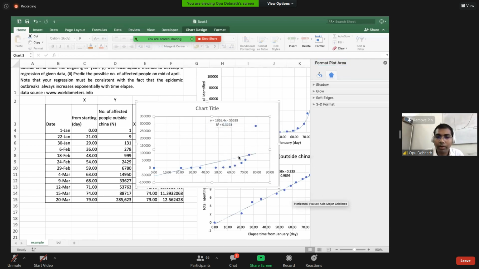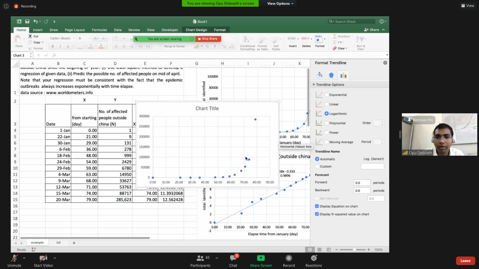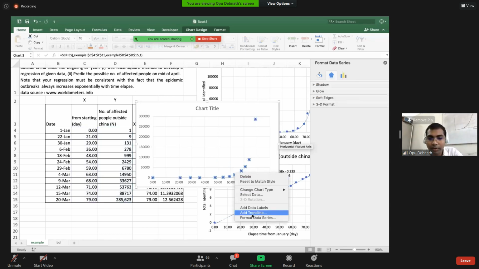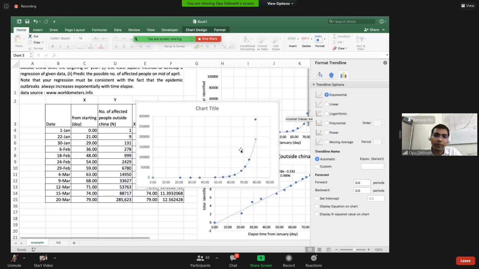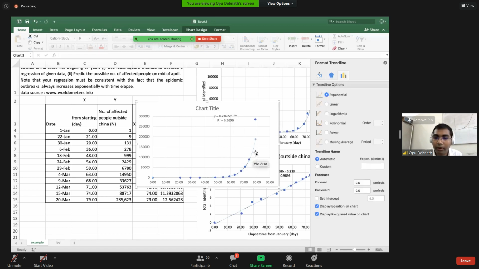Next I can change it to logarithmic. Logarithmic will not be suitable for 0, that means log 0 is infinity. I can set it for exponential. For exponential, it shows a little bit good regression, 79 and 98%.